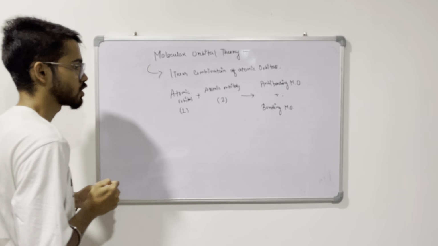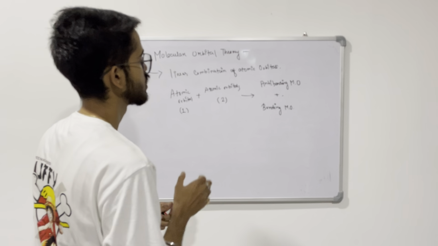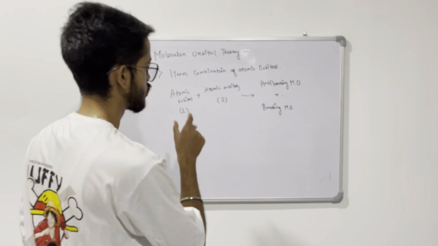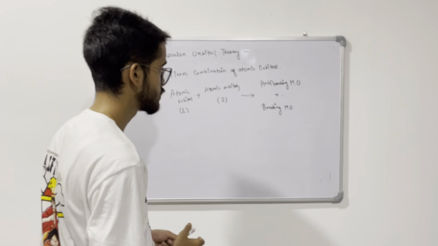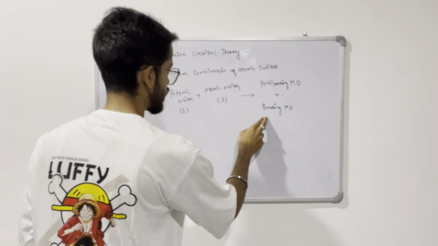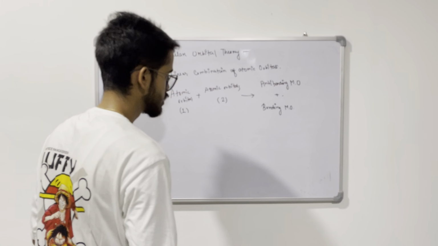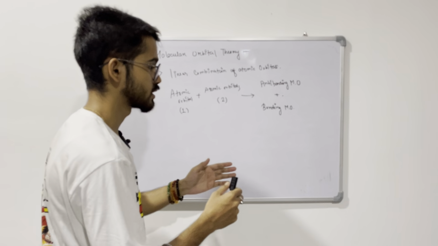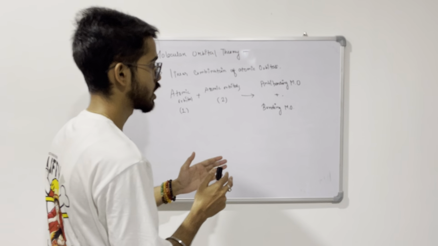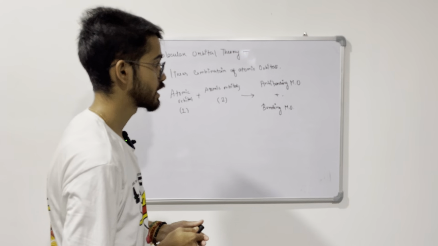These molecular orbitals are formed by the combination of atomic orbitals of the individual atoms. In bonding molecular orbitals, the energy is low, that means electrons are held strongly. In anti-bonding molecular orbitals, the energy is high.